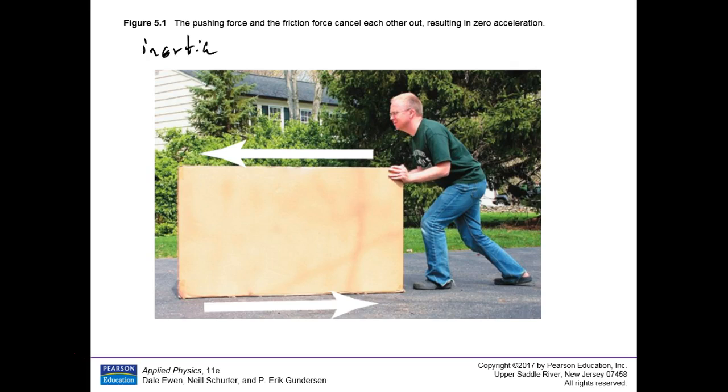Or if I rolled the bowling ball down the floor here, unless it's met by some unbalanced force, your toe, a chair, something else, it's going to continue rolling in a straight line until it is acted on by an unbalanced force. That's the property of inertia. That's Newton's first law, actually originally stated by Galileo.